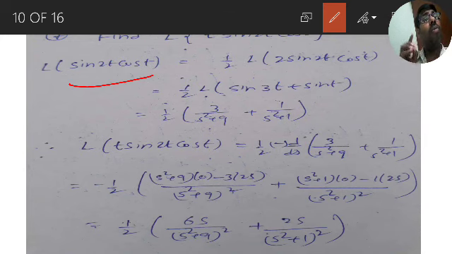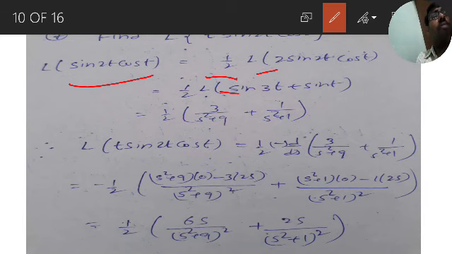Yes, we have to multiply and divide by 2, so we get 2 sine a cos b. What is the 2 sine a cos b formula? Sine a plus b plus sine a minus b. In order to convert into that, divide by 2 and multiply by 2. 2 sine 2t cos t, 2 sine a cos b formula: sine a plus b plus sine a minus b.